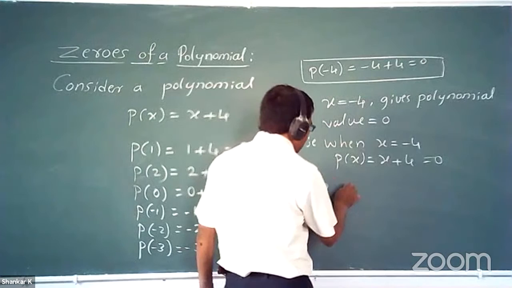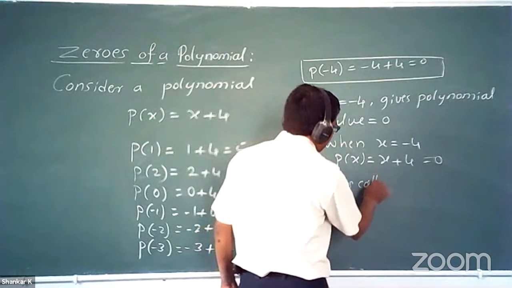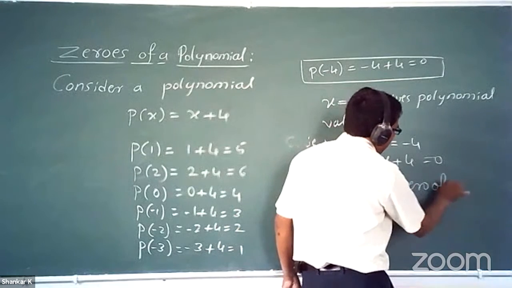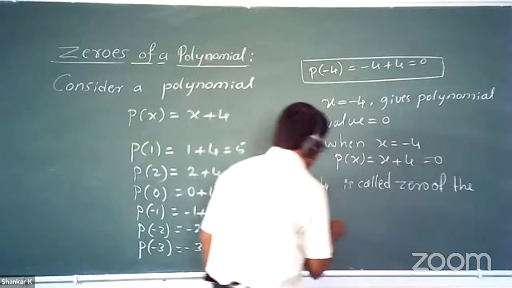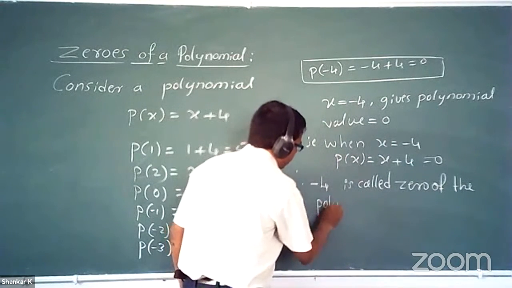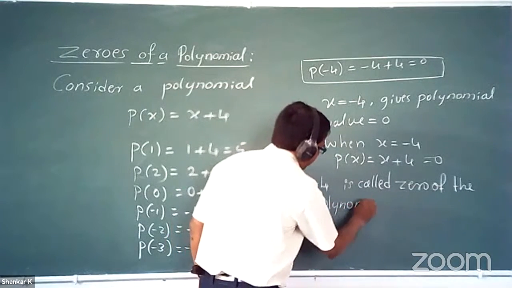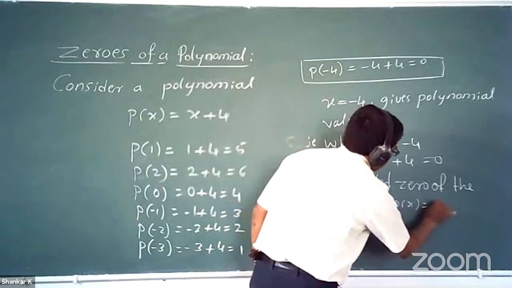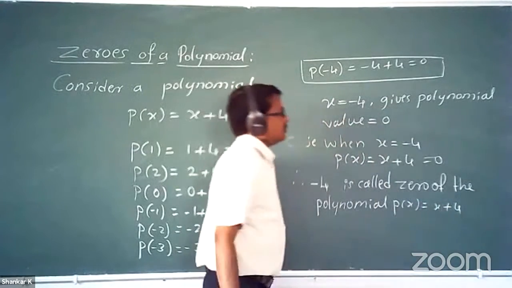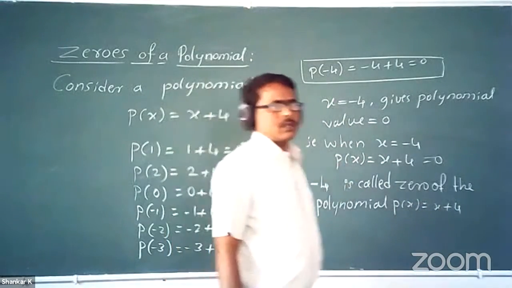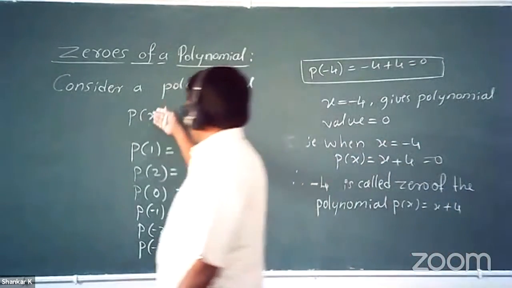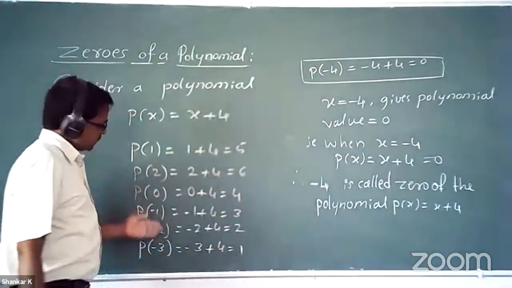-4 is called zero of the polynomial. Zero of the polynomial. Which polynomial? P of x equal to x plus 4. Has anyone understood this? You have given different values to x.